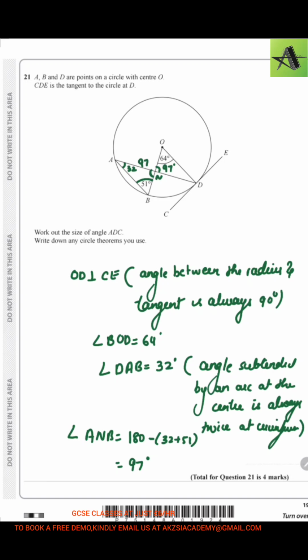Similarly, angle O and D will be 97 degrees. This is 97, so this is also going to be 97. I know it seems to be very small. So we have calculated this one as 32. This one is 97. So this is also going to be 97 by vertically opposite angles.